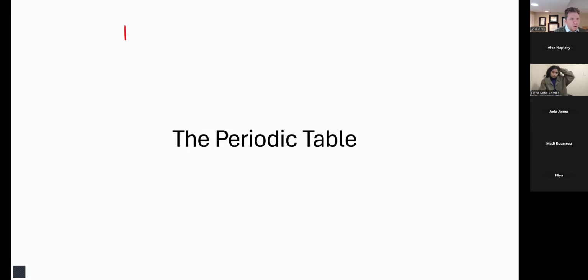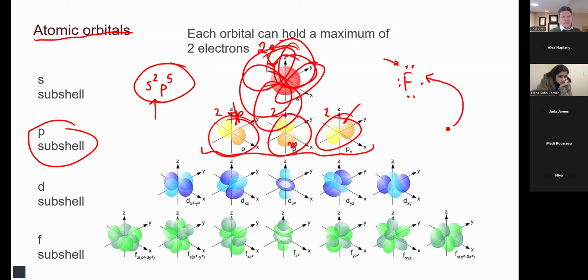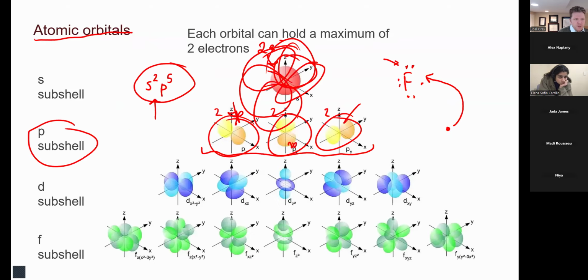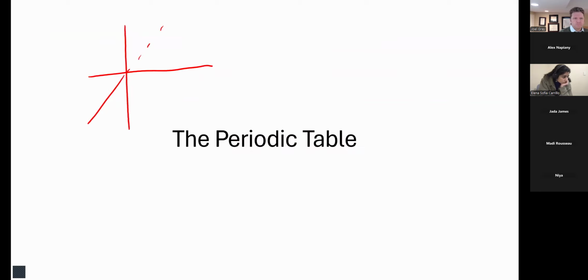Okay. Our X, Y, and Z planes. The dashed line usually denotes going into the page. Now, when we look at these different subshells, this gives us a visual of where electrons can be placed. The first, the S subshell, is a sphere, and in that sphere you're going to put two electrons.